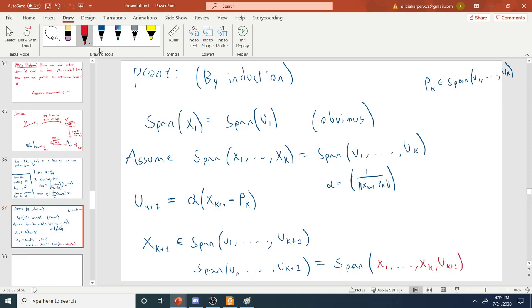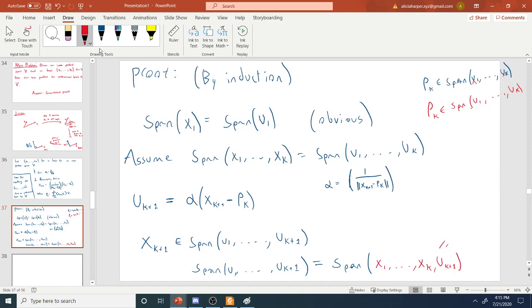But because pk is an element of this span, we also have, by our inductive assumption, that pk is an element of the span of u1 through uk.